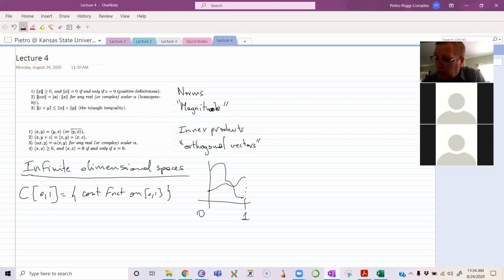So you can talk about norms. For instance, one of the most popular norms is the infinity norm, which takes the max of |f(x)|. So it's perfectly fine to do that.